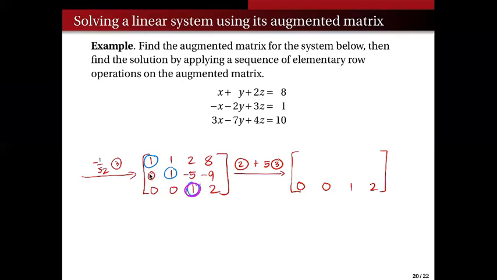The second row will be replaced by this. Second row plus 5 times the third row. So here 0 plus 0, that's still 0. Here 1 plus 0, that's still 1. Here, negative 5 plus 5 times 1. So that becomes negative 5 plus 5.